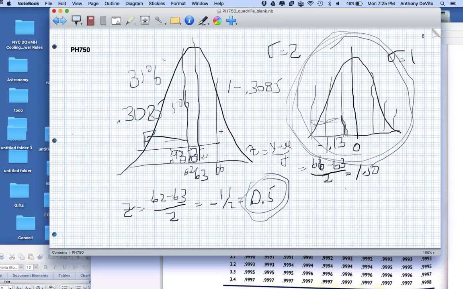What percentage of the population is above that value? That area is going to be represented by 1 minus 0.9332, or 0.0668. Did I get that right? That adds up to 1. So about 6.6%, a little under 7%.